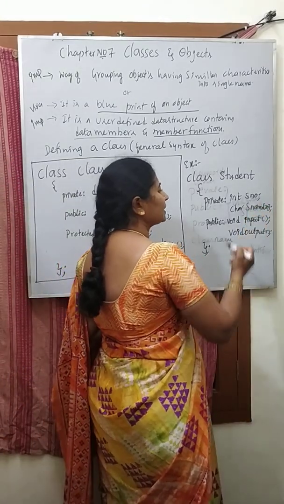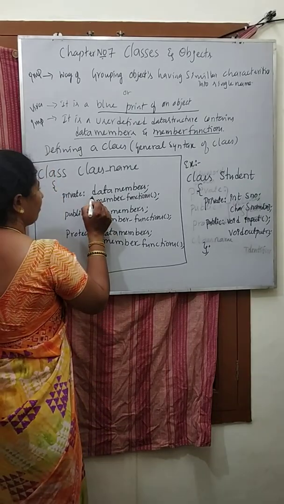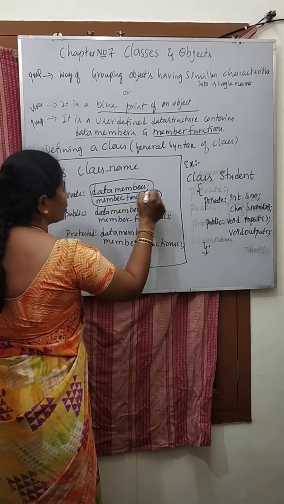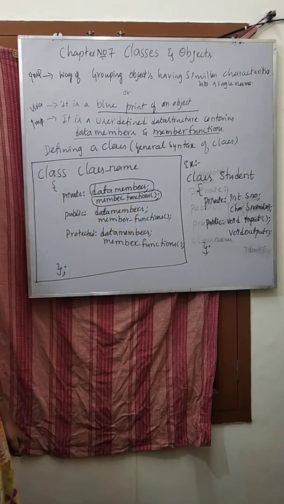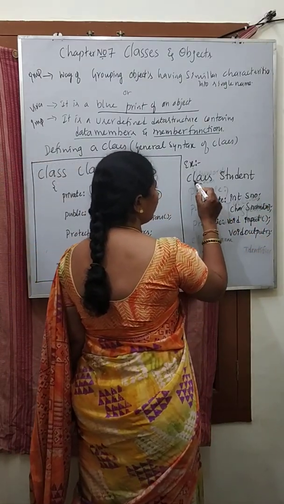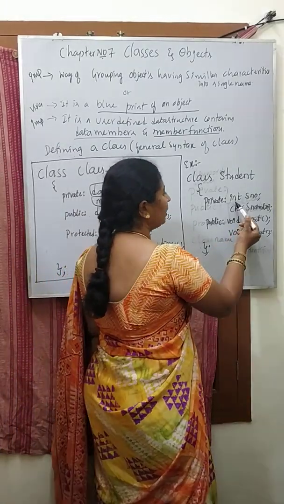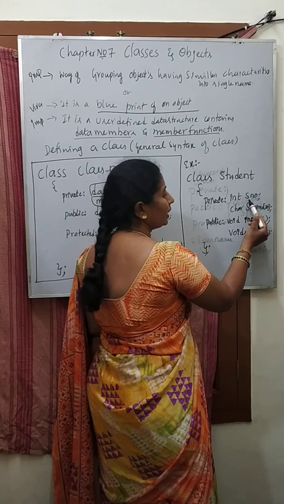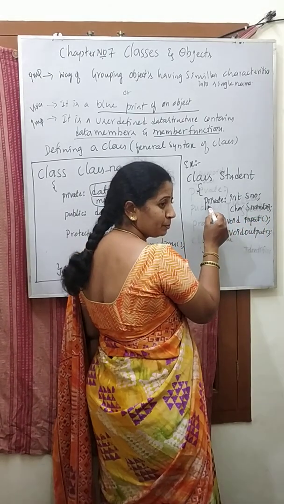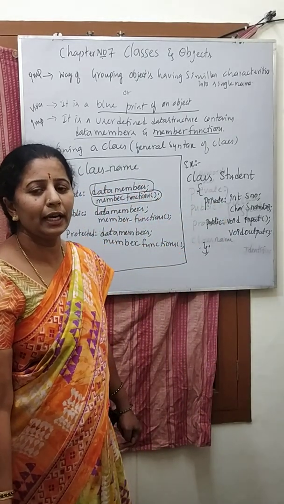S number and S name are the data members. What is a data member? The variables which are declared under an access specifier within the class. Please repeat along with me: the variables which are declared under an access specifier within the class definition are called data members.